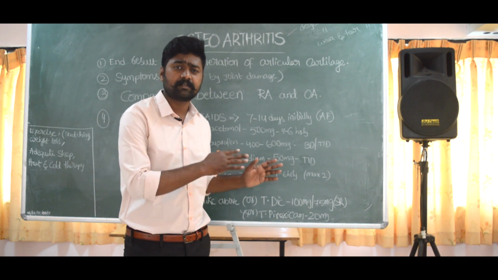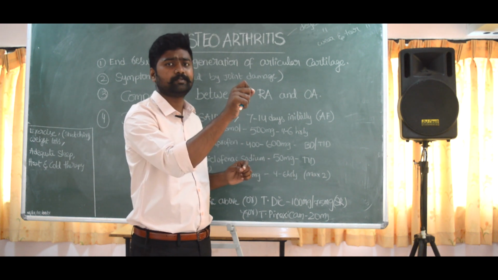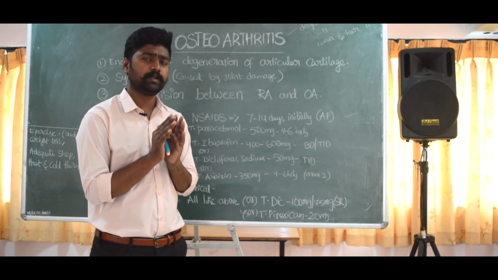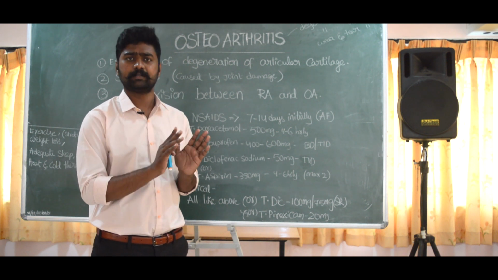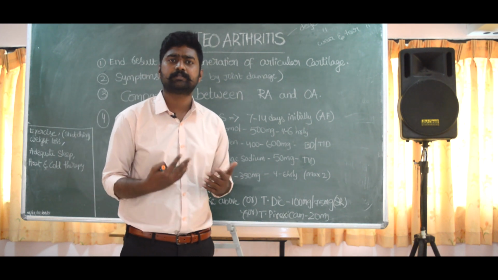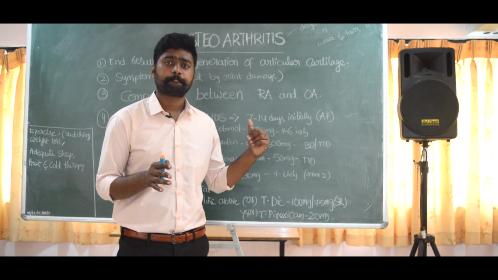I'm just giving the generalized drugs, guys, okay? Don't depend on just these drugs only. It's up to the symptoms. If one drug is good enough to decrease the symptoms, it's enough. If not, the physician changes the drugs on and off, okay? Now, that's it with the treatment part.